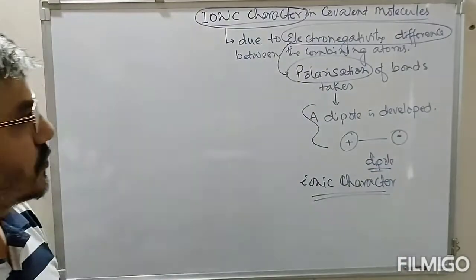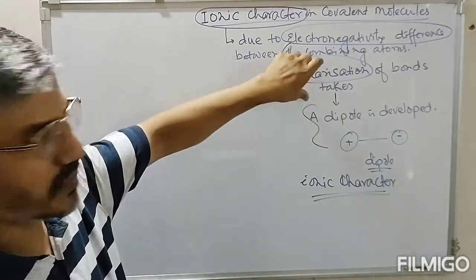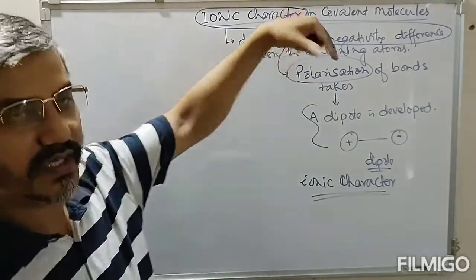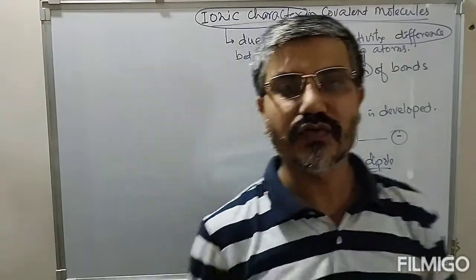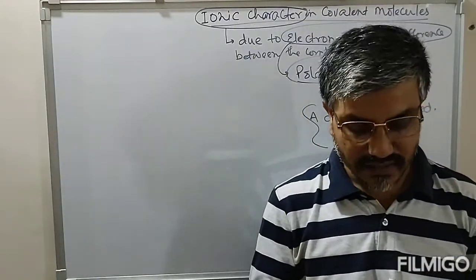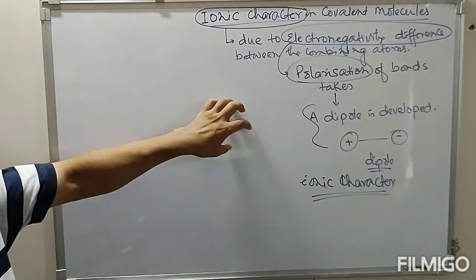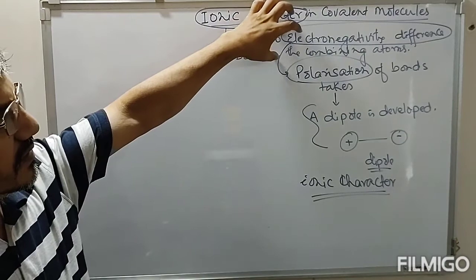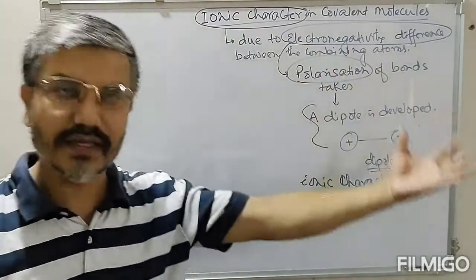Ionic character is due to the development of dipole, and this dipole is due to the polarization of bond due to electronegativity difference. So ultimately the cause of ionic character in a covalently bonded molecule is due to the polarization of bond due to electronegativity difference between the combining atoms.